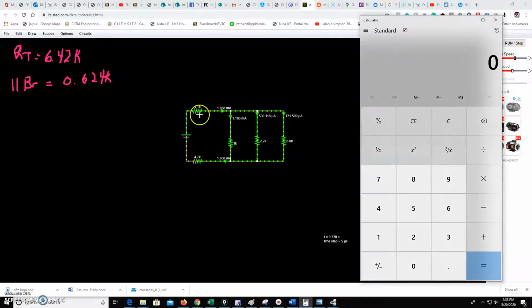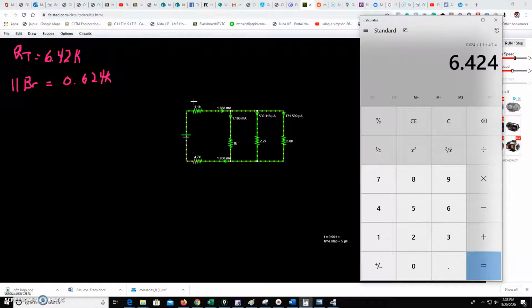So I'm going to keep it fairly clean and just say 0.624 plus 1.1 plus 4.7 equals 6.424. So look at there, we lined up. So we proved that just by using Ohm's law, and we validated it 2 different ways here.